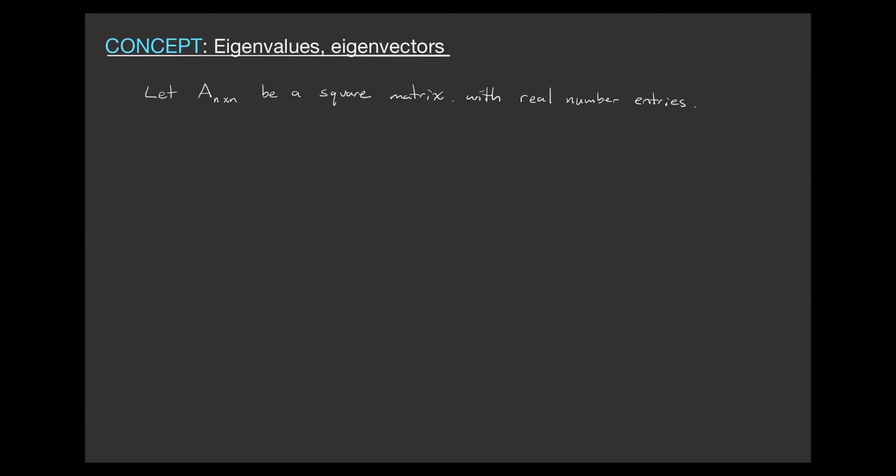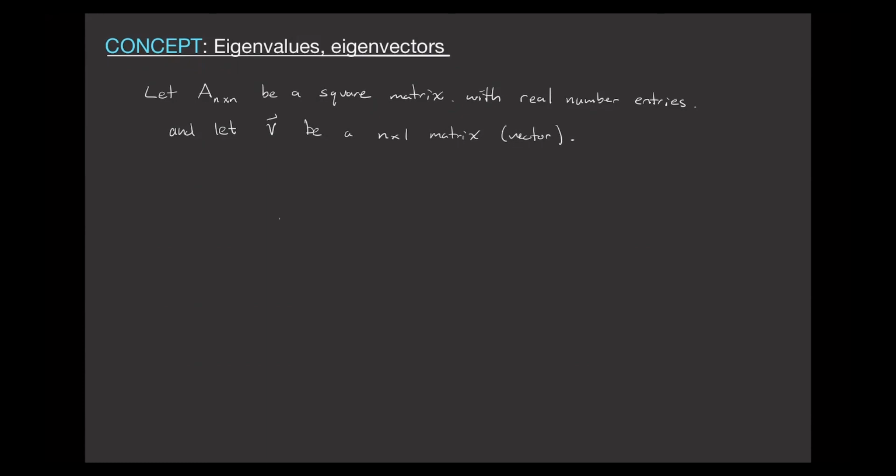And let V, with this little arrow over it, be an n by 1 matrix, which you can also call a vector. If you have just a row or just a column, we'll often call that a vector. It's like a special case of a matrix.